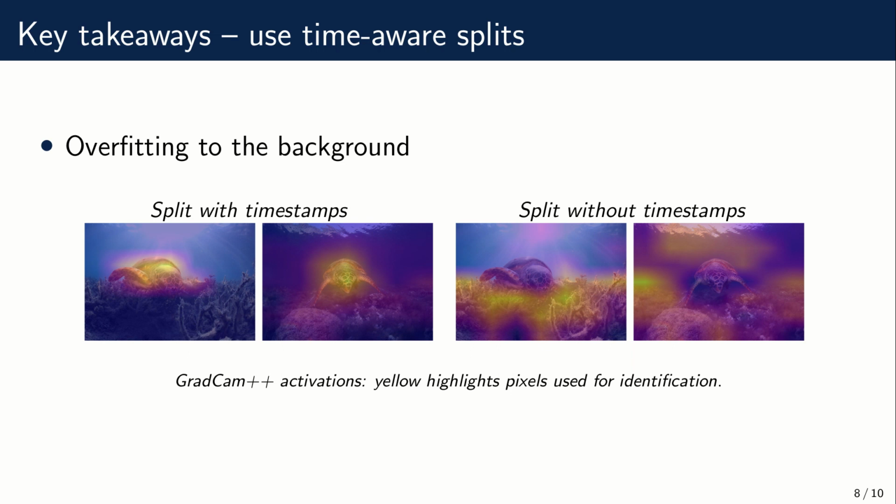We trained two models. First, train data split randomly, and second, using the time-aware split. Below, you can see the Grad-CAM visualization that showcases how background pixels are used for identification if data are split randomly.